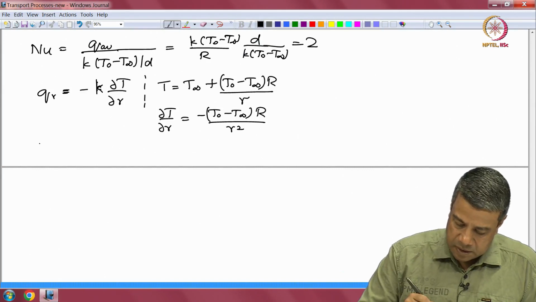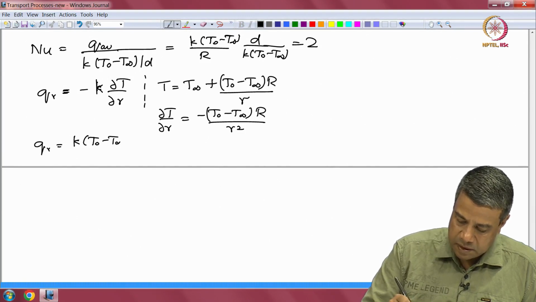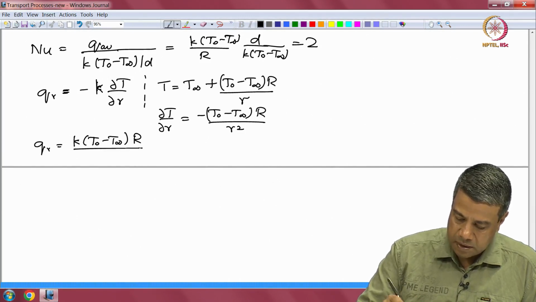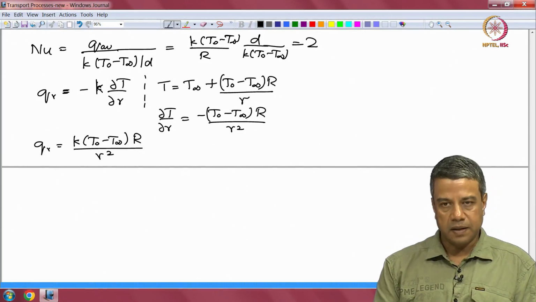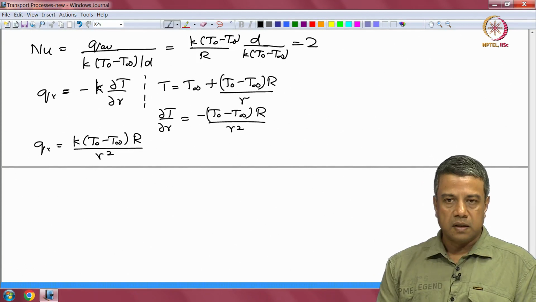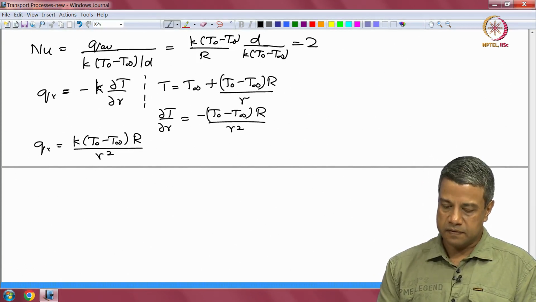If you substitute that here, you get q_r is equal to k into (T naught minus T infinity) R by r square. So, that is the expression for the heat flux. The total heat transfer rate is the product of the heat flux and the surface area.